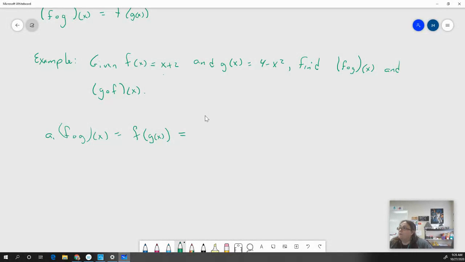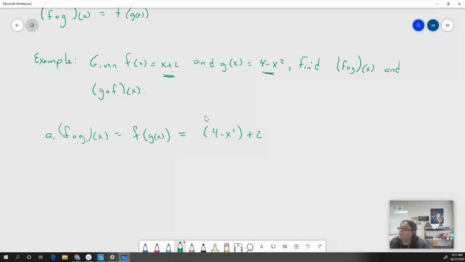Here's my f of x, here's my g of x. So anywhere that I have an x in my f of x, I'm going to plug in whatever g of x is. So here I've got x plus 2, so I am going to have 4 minus x squared plus 2. My x just became whatever g was.